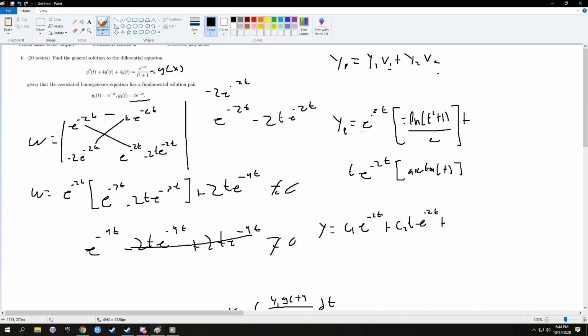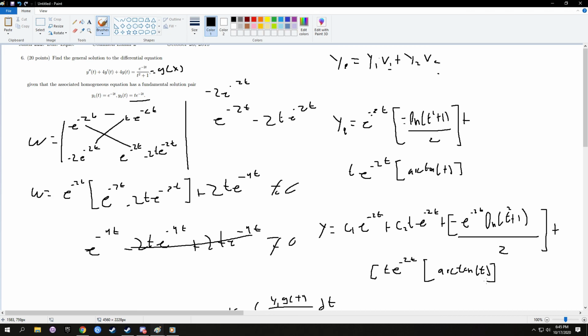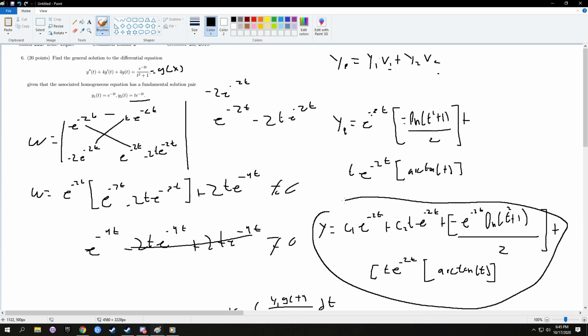I want to say plus this, so negative up here, plus a negative e to the negative 2t ln of t squared plus 1, all divided by 2, this will be plus t e to the negative 2 arctan of t, and that is your answer, and that is the final problem for this exam.